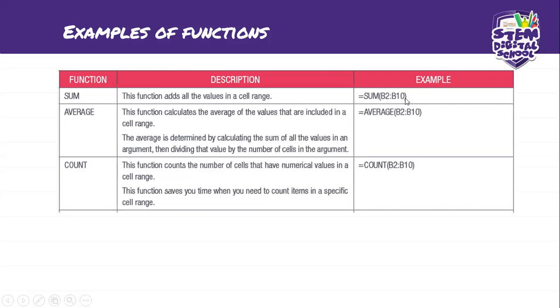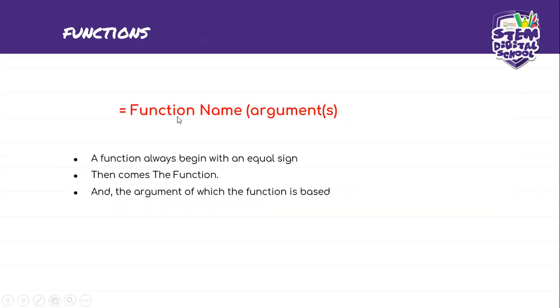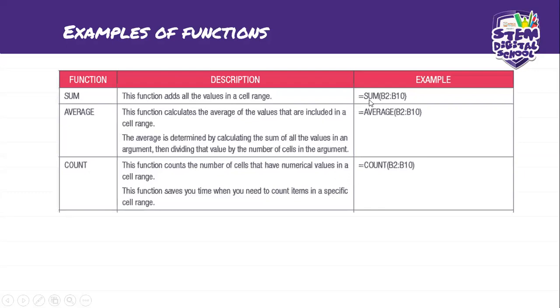Right, so equal sign, function name, and the argument, like here on sum. Example, the first example, sum: you can see the equal sign, then the function name, and also the argument.